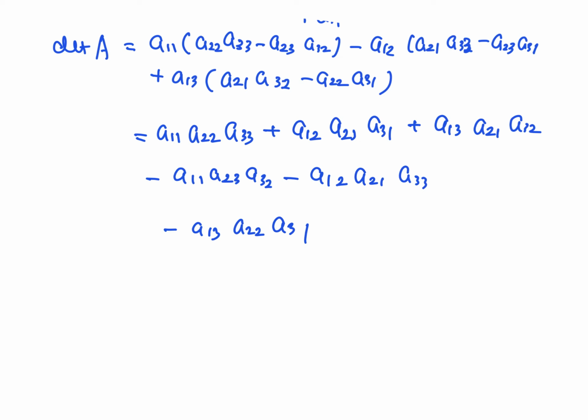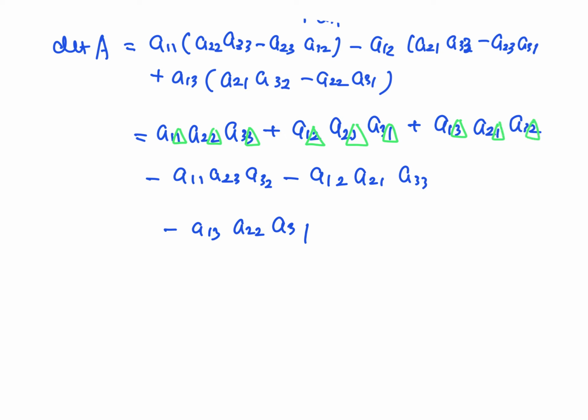So I arranged the terms so that the row index is always 1, 2, 3. And let's look at the column index and see what happens. So this is 1, 2, 3, right? Then 2, 3, 1. Then 3, 1, 2.